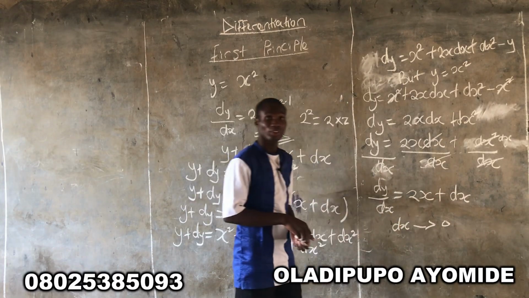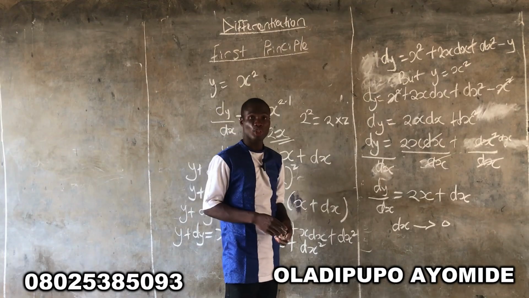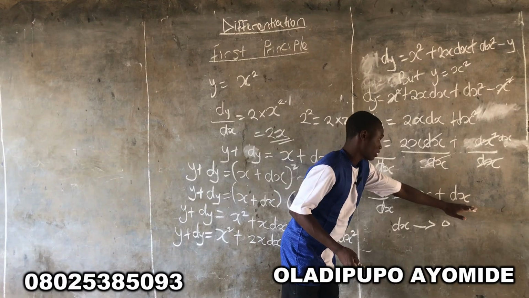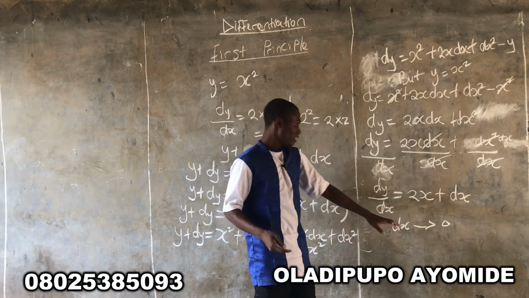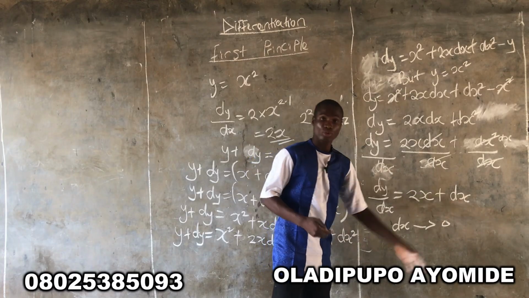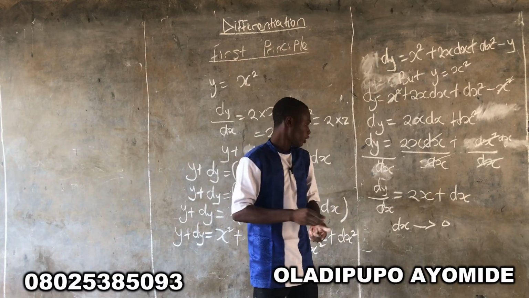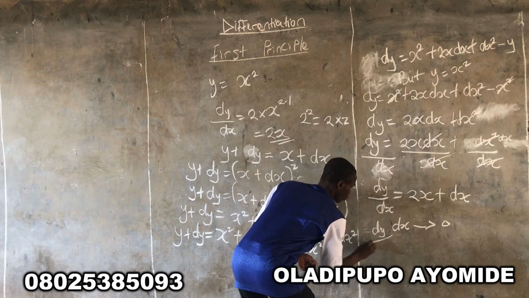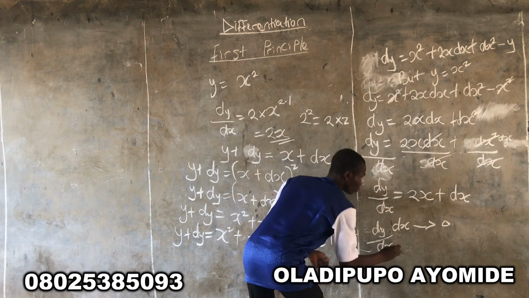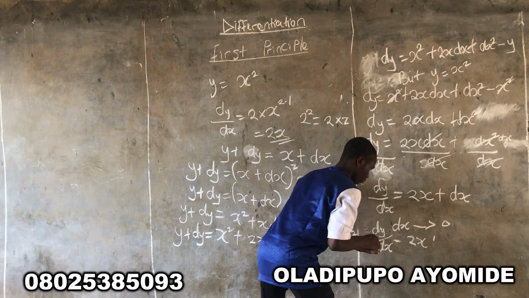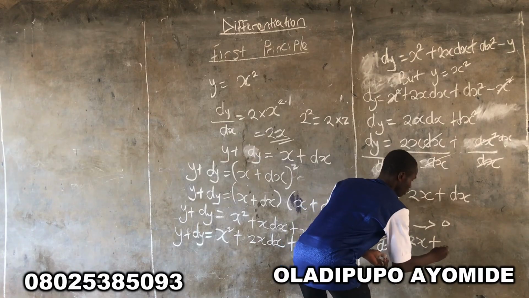That's what first principle is all about. Since you are left with dx, you have to limit your dx to 0. That is, wherever you see dx, you have to put 0. So in this case, you can say our dy over dx is equal to 2x plus 0.